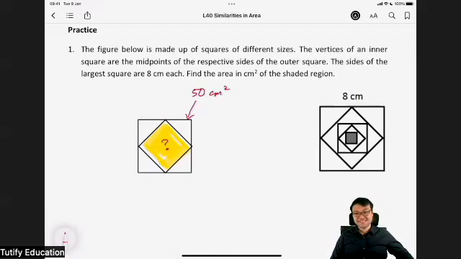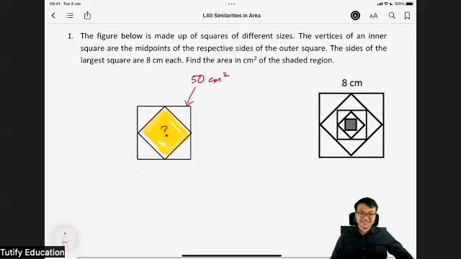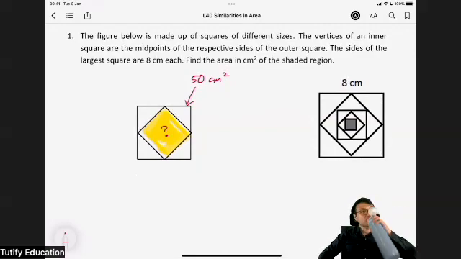Do you know? I already told you that the big square is 50. The area is 50. Then I'm asking you what's the area of the yellow part?